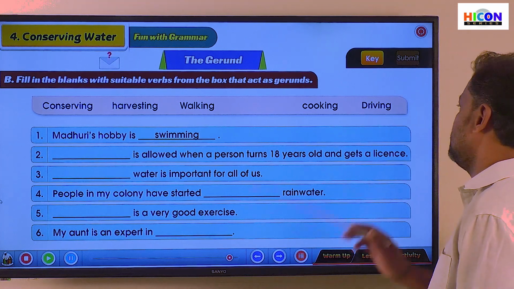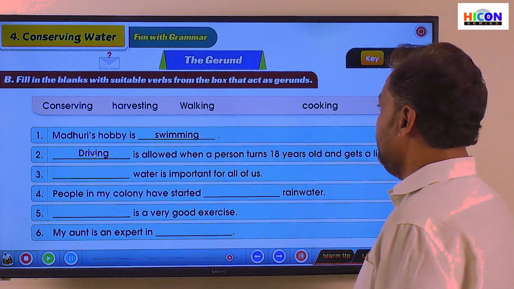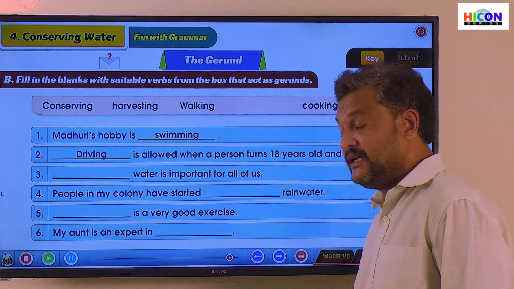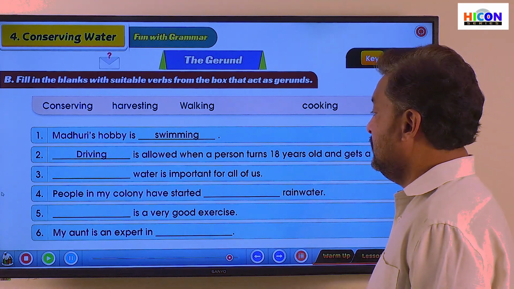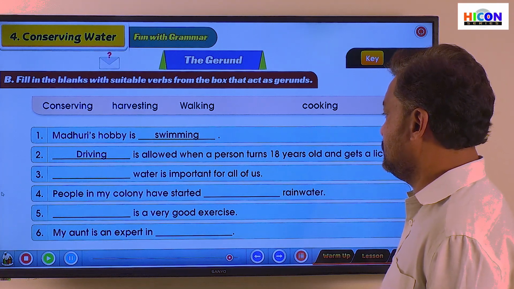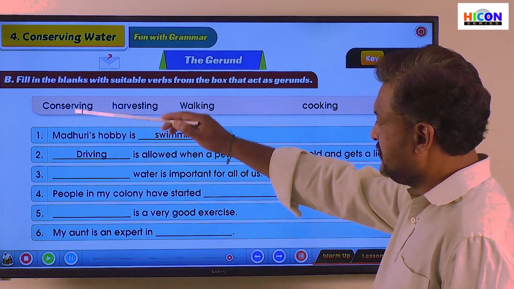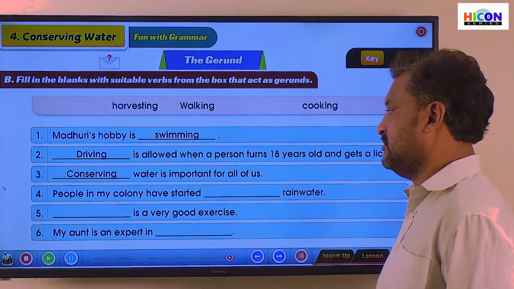A license is needed for driving. Yes. So driving is allowed when a person turns 18 years old and is able to get a license. Dash water is important for all of us. Conserving water is important for all of us.